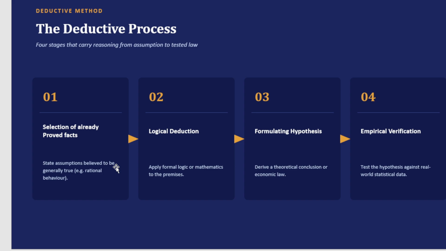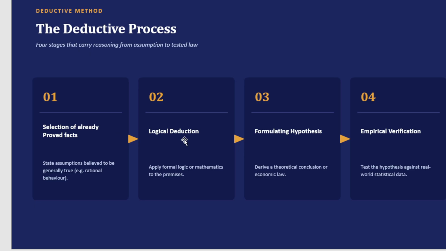Now, the deductive process. What is the deductive process? At the first stage, selection of already proved facts is made. Already proved facts means, just like I told you, that if students work hard, they will get better results. This is an already proved fact.